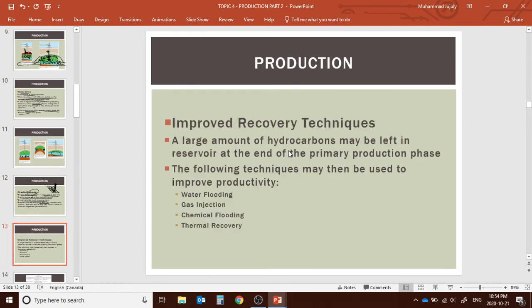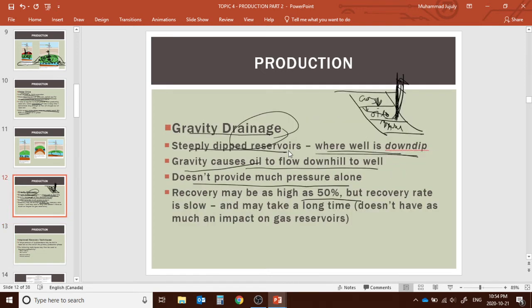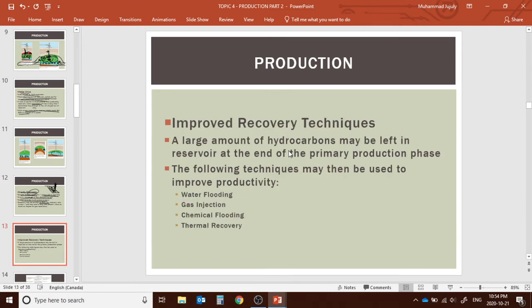Now these are all the natural drives, okay, naturally how you can work the oil. Now for instance, after a certain time, you cannot recover more. So what would be the next step, how can you recover again? So now the improved recovery techniques come in, okay.